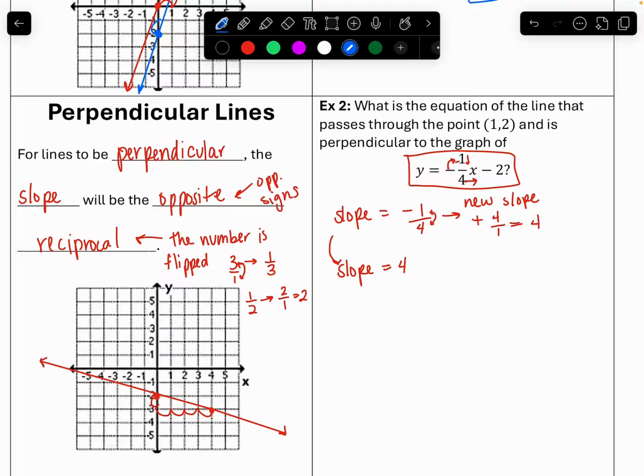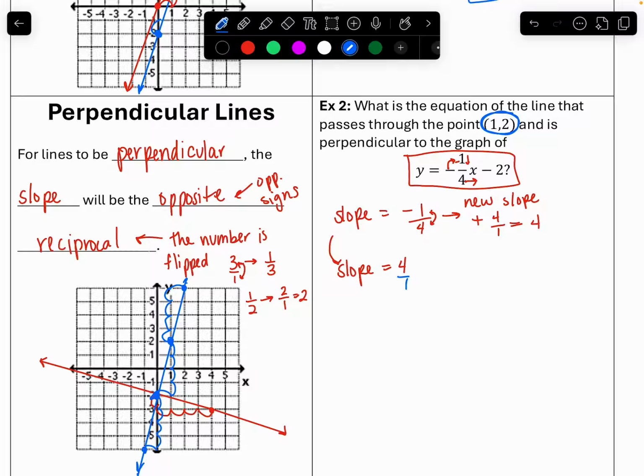Now I'm going to show you graphically. All you do now is look at your point here. My point is 1, 2. 1, 2 is up here. And since our new slope is just 4 over 1, we're going to go up 4 to the right once, and 4 to the left once. You guys are experts in this already, so make sure you're graphing it correctly.